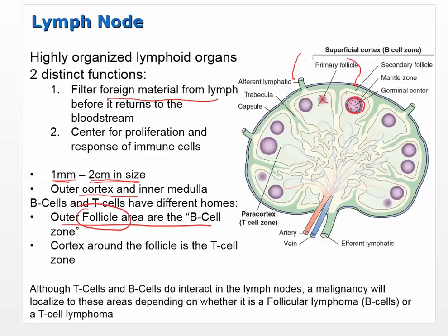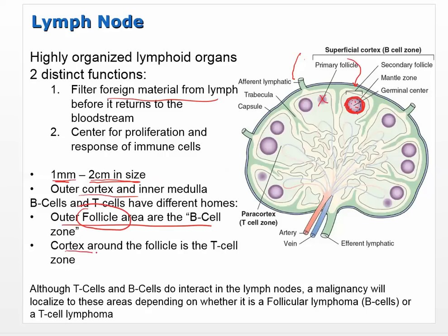Okay, so the mantle zone is on the outer part of the follicle. So we're looking at the follicle, and then there's a germinal center, and then there's this mantle zone on the outside. Now this whole thing is associated with B cells, but believe it or not, the B cells are in different stages of their maturity. So you may have some that are memory B cells, and you may have some that are turning into plasma cells, and so those even get distributed differently.